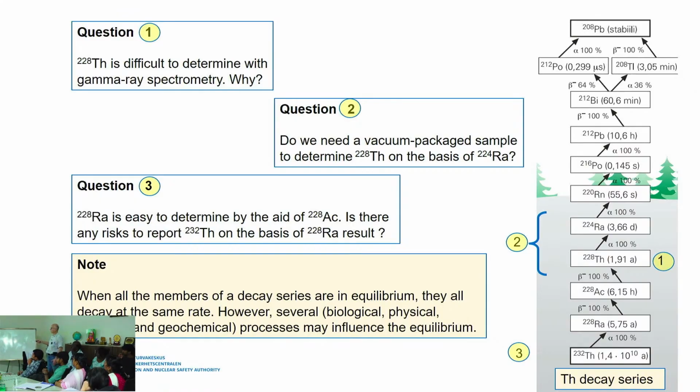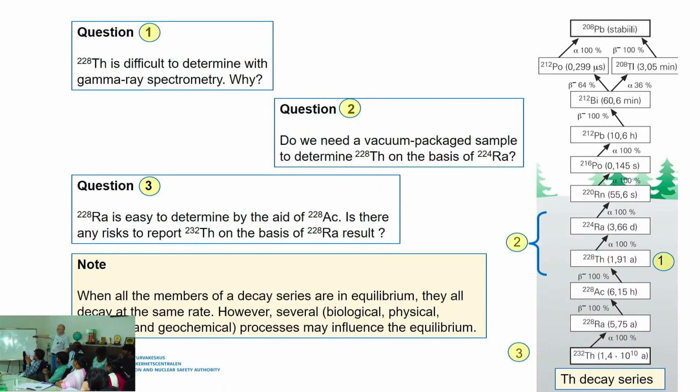However, this nuclide emits many gammas, and very easy to determine. And its half-life is very short. So in this case, there is practically always equilibrium.